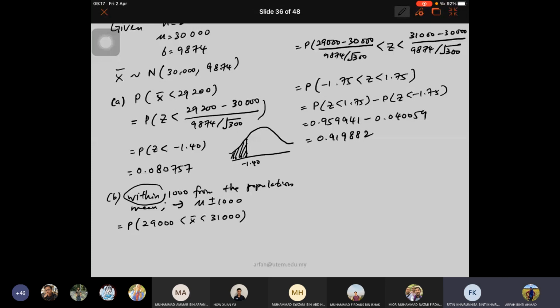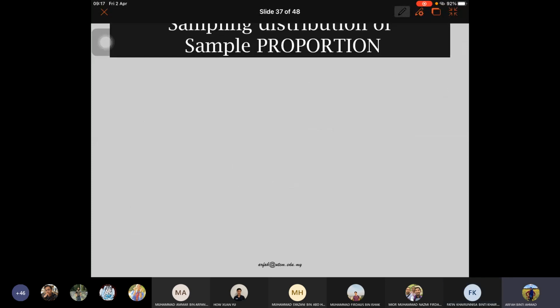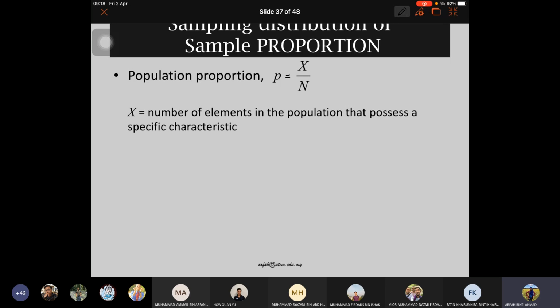Okay. The next topic is the sampling distribution of sample proportion. The population proportion we denote as P, which equals X divided by N. What is X? The number of elements in the population that possess a specific characteristic. For example, if we are interested in how many students get a 4 flat at FKE, then X is the number of students who get a 4 flat at FKE. That is the characteristic we are interested in, because we study certain things. N equals the number of elements in the population.